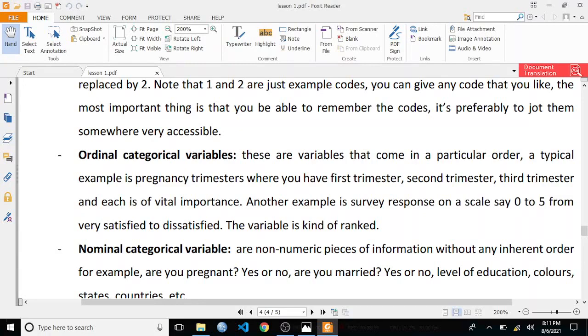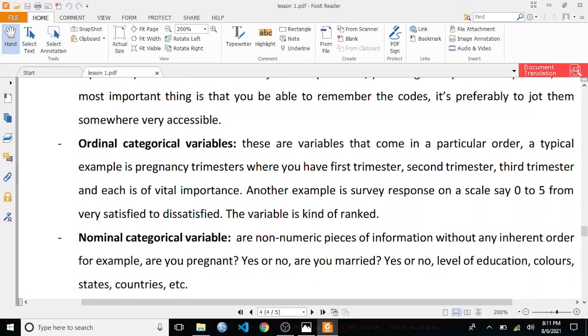If you have 10 on 20, you rank higher than someone who has 5 on 20. So that particular variable is ordinal, it's ordered. Another example is a survey response on a scale of say 0 to 5, from very satisfied to dissatisfied, kind of thing.